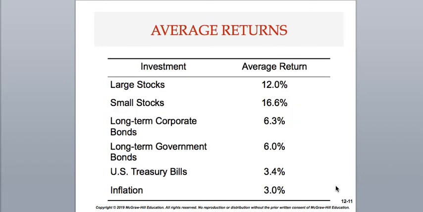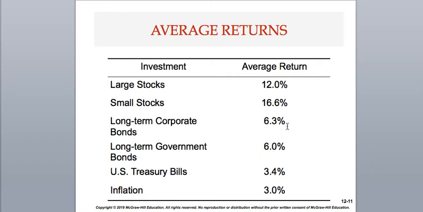But it's all summarized here for you, right? If you take a look at this, you see over the period 1926 to 2016, large company stocks have had an average return of 12%. Small company stocks, no surprise, have had a higher return, 16.6%. Long-term corporate bonds, 6.3%.